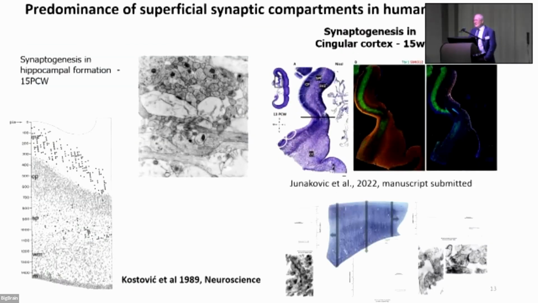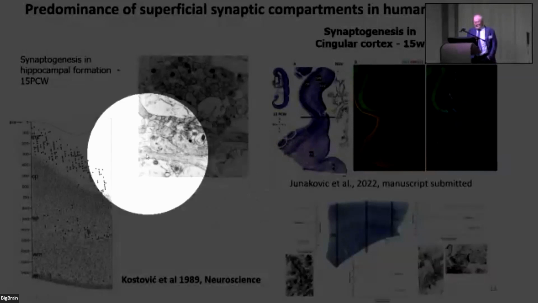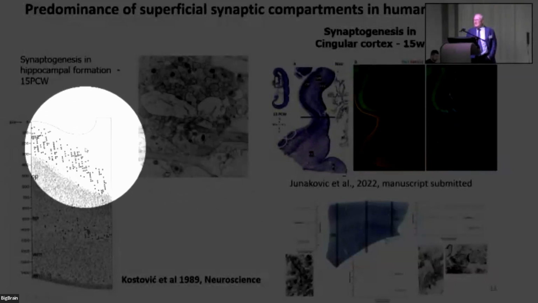Now it's really astonishing that something in the middle of fetal life, even earlier, around the 13, 15 weeks, you have most synapses, or the most numerous synapses are in hippocampus.